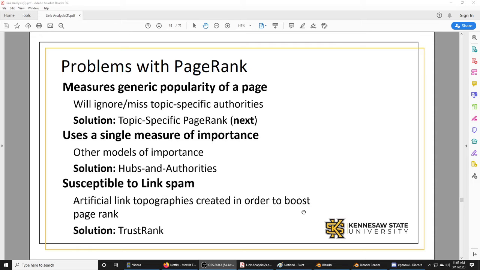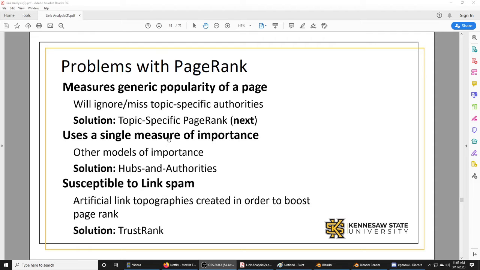Well, it may ignore the fact that you're looking at basketball and just bring up jerseys or something along those lines, because these marketing retail places have such huge pointers to them, and it gives them a lot of rank. Their solution is topic specific PageRank, and we're going to talk about that in a minute.